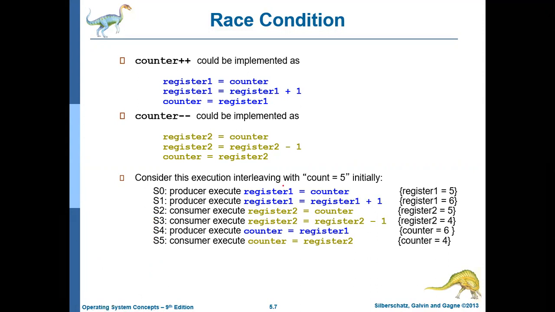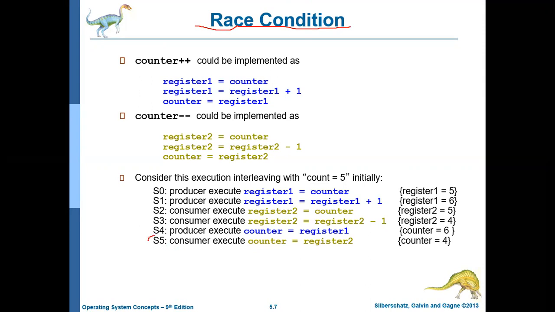This problem, whatever we discussed in the previous lecture, is called a race condition. Why is it called a race condition? It is called a race condition because the final value of the counter is decided by the instruction which executes last.